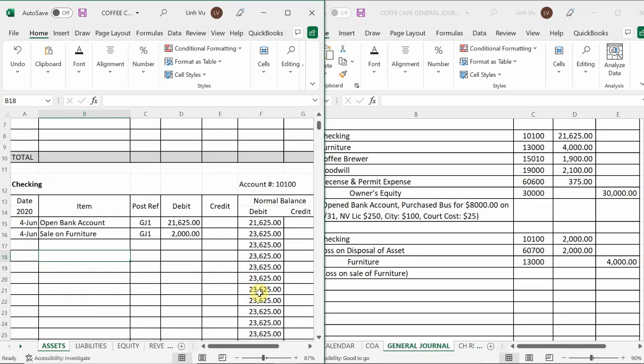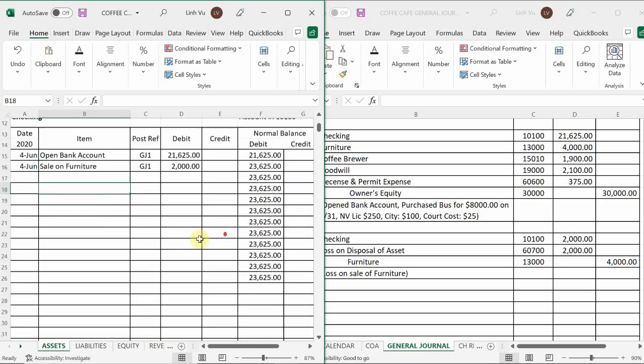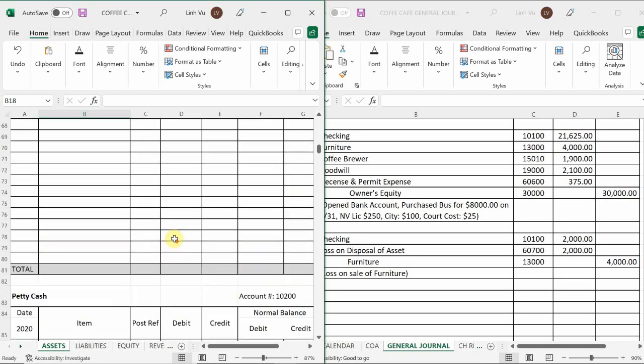That's the previous balance of 21,625, and because I'm self-referencing it, I'm not typing in the numbers. When I drag the formula down, because it's using relative cell referencing, it's going to carry the values as you go down the rows. So there's my first one, which is 23,000 for my checking.